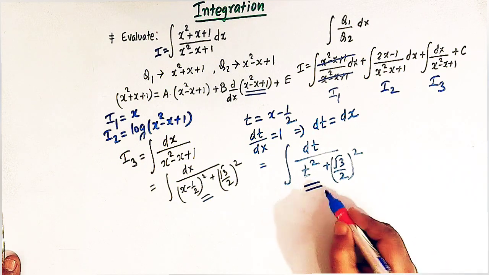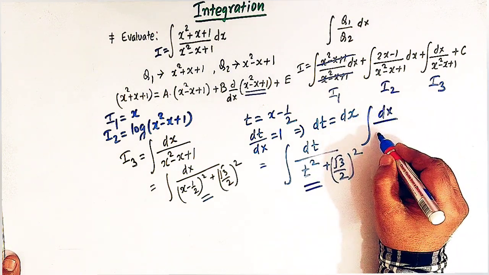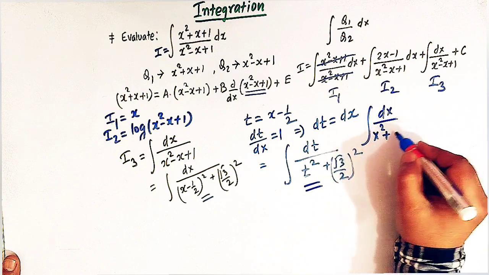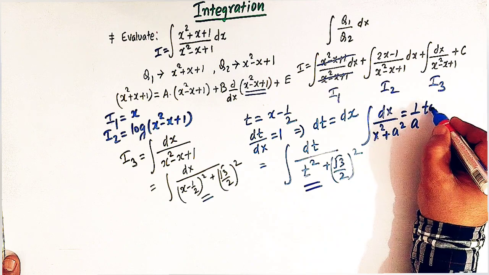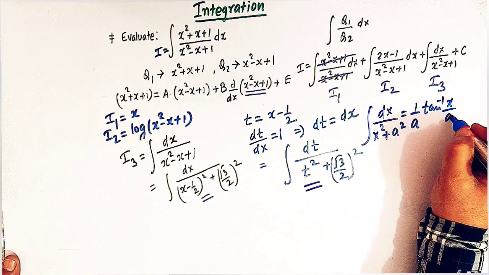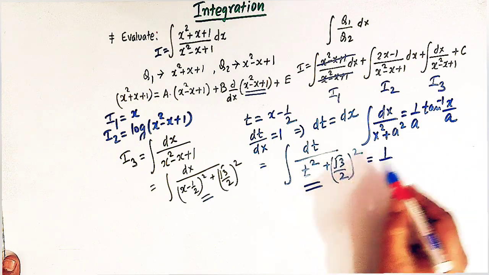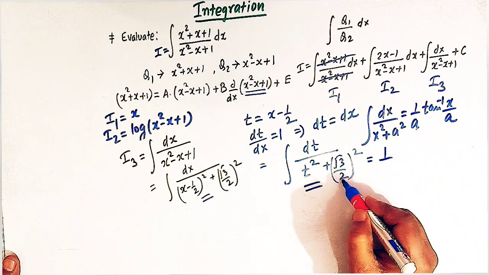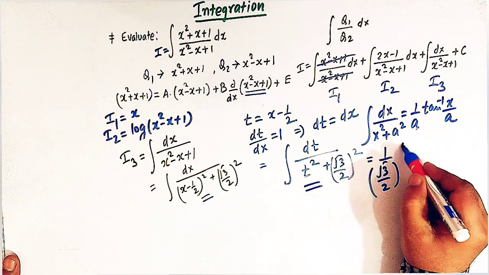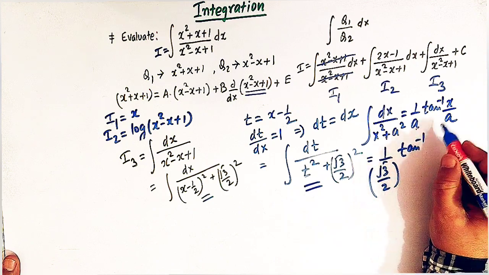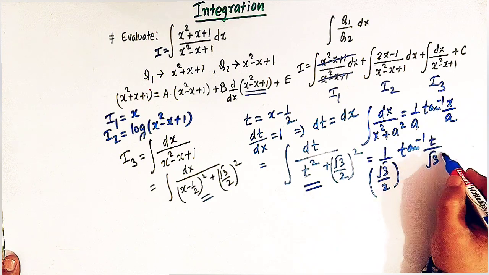So now this is a standard integral because we know that the integral dx over, say, x square plus a square is equal to 1 over a tan inverse x over a, right? So here the variable is t. So we have 1 over a is square root of 3 over 2. So here we have square root of 3 over 2 tan inverse x. For x we can write t, and here we have root 3 over 2.